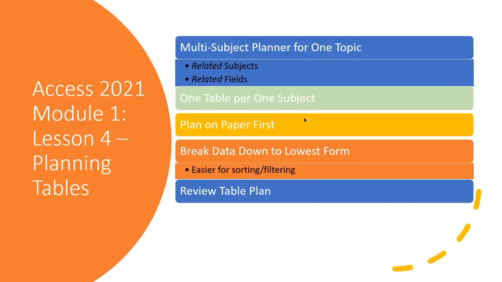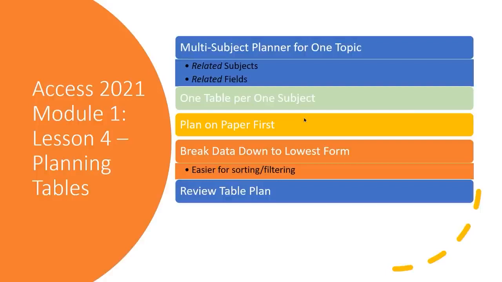So a multi-subject planner for one topic, and then you have related subjects, which are the different tables. Each table should cover one topic. So a customers table, an employees table, a products table. And what makes it into a relational database is that you have related fields in the tables, and you'll use the Relationships window to create the relationships for your database tables.